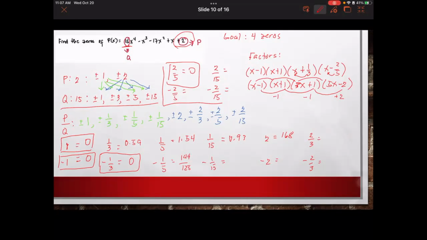Now, zeros. May zeros natin. Siyempre, meron tayong 1, negative 1, negative 1/3, and negative 2/5. Now, in increasing pattern or IP, siyempre, alin ang mauuna? Yung negative 1/3, negative 2/5, or negative 1?